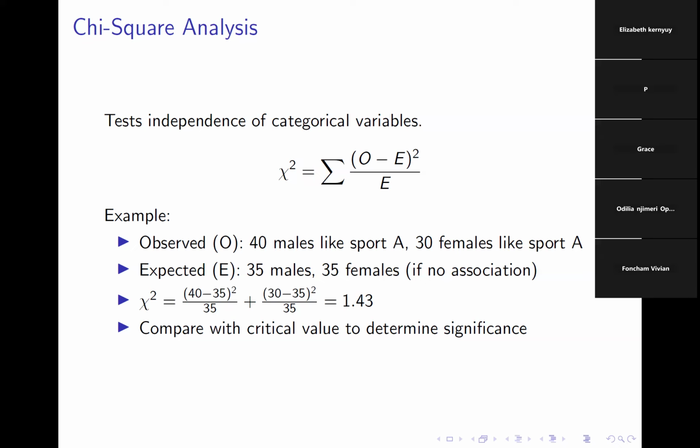Let's look at chi-square again. The formula for chi-square, we have summation of O minus E, all of that squared, all over E. We are talking about observed frequency and expected frequency. Yes.